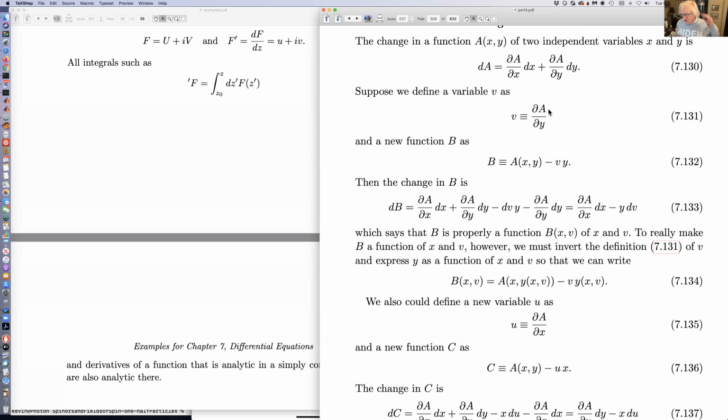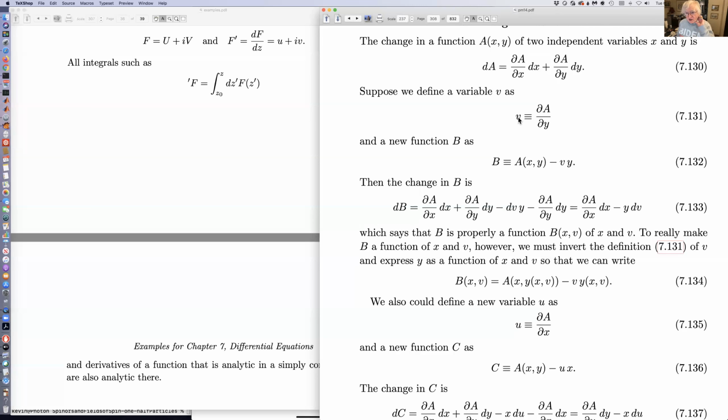The partial of A(X,Y) with respect to Y is V, and we want to solve for Y in terms of V and X, and then get rid of Y here. If we do that, then we have a real expression for B as a function of X and V, namely B is A of Y(X,V) minus V times Y(X,V).